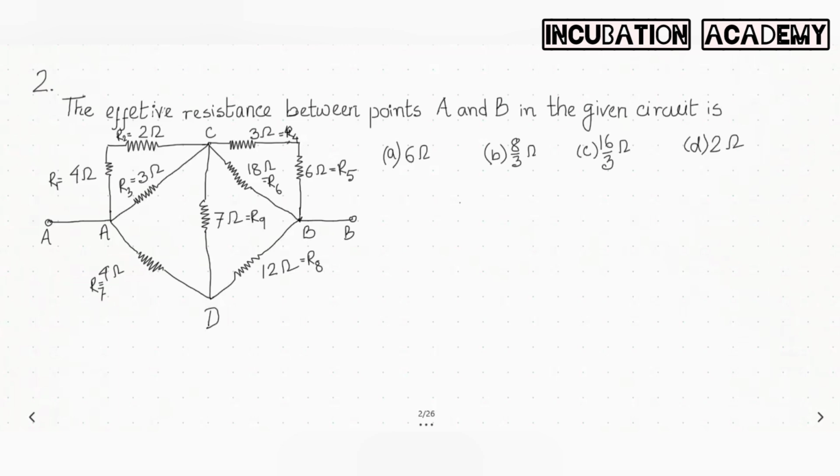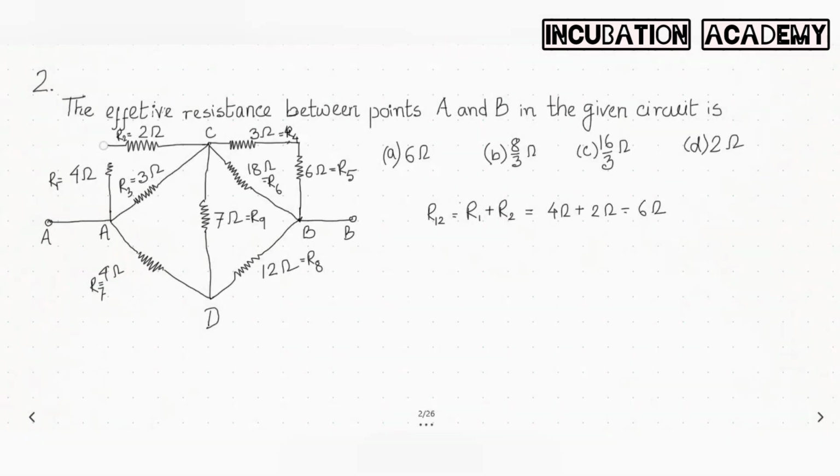Let us first find the equivalent of R1 and R2. R12 is simply R1 plus R2, which is 4 ohm plus 2 ohm, equal to 6 ohm. Now R1 and R2 are resolved into one.